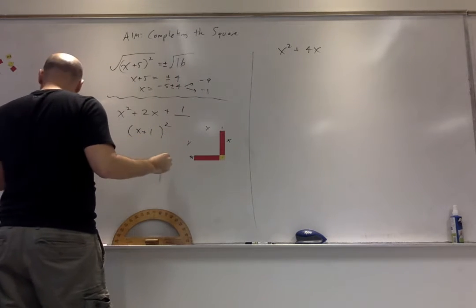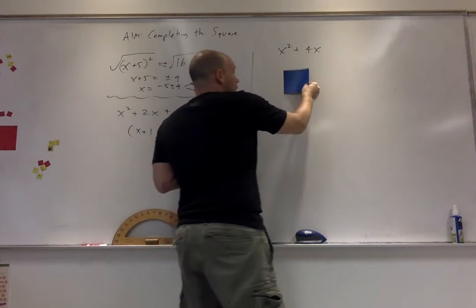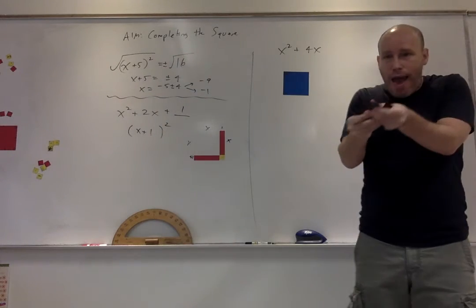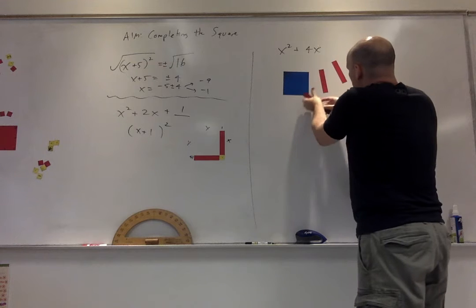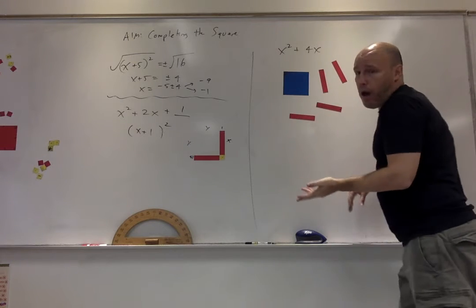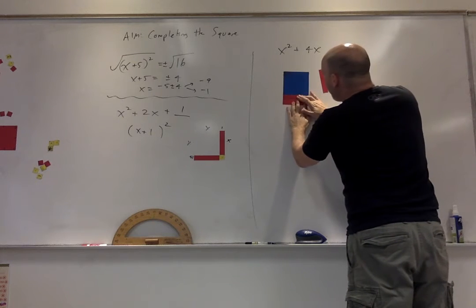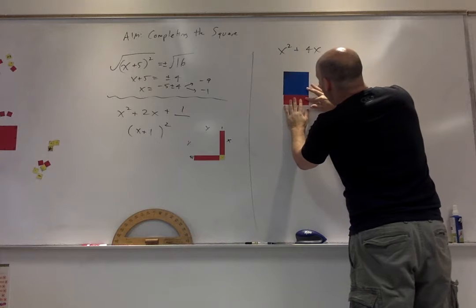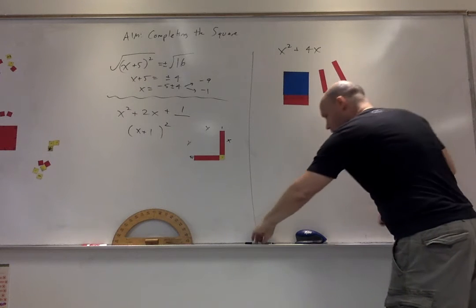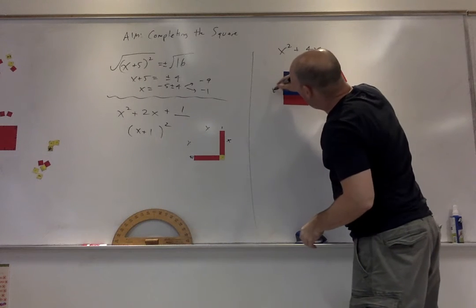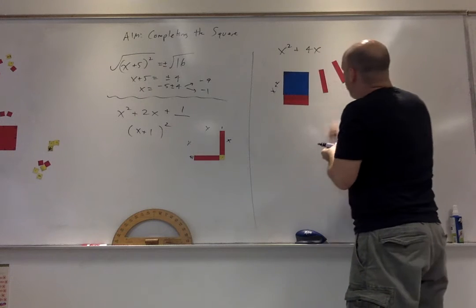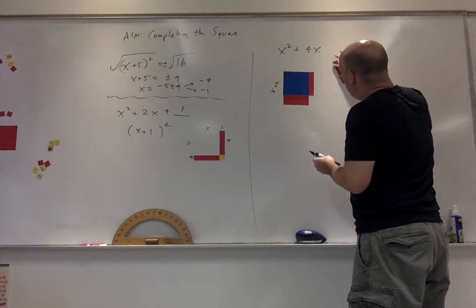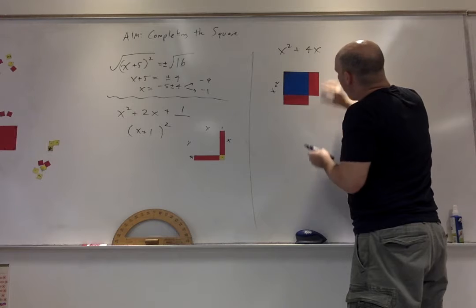So we have our x squared, right? And we have our 4x. And you're thinking, okay, this is cool, right? You can put it like this. So I have x by 2. And then you do the same thing up here, x plus 2.